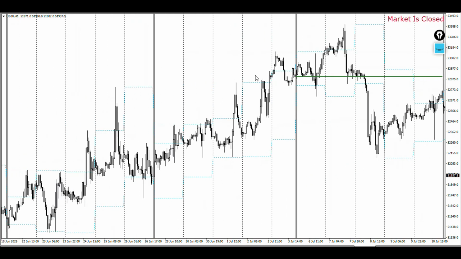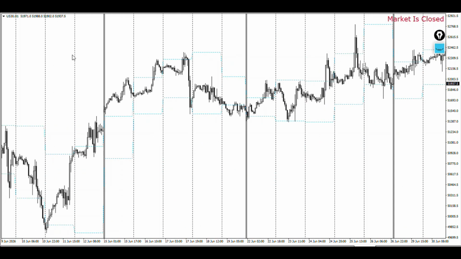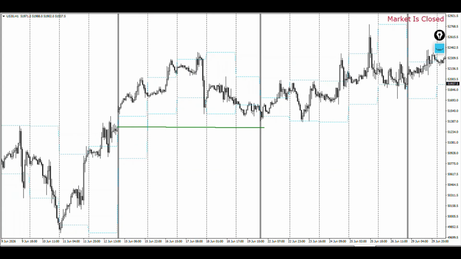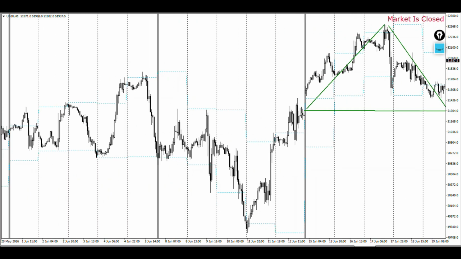This is consolidating, then moves up. This is also another variation. It tries to come back on the closing CP area. It goes up, then at the end of the week tries to come back to the CP area. This is our another example. This is where the market was closed maybe on the previous week, then goes downward.